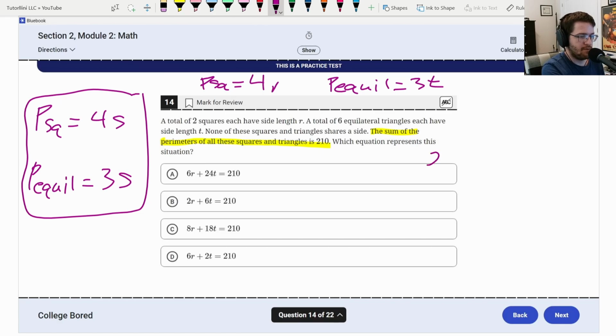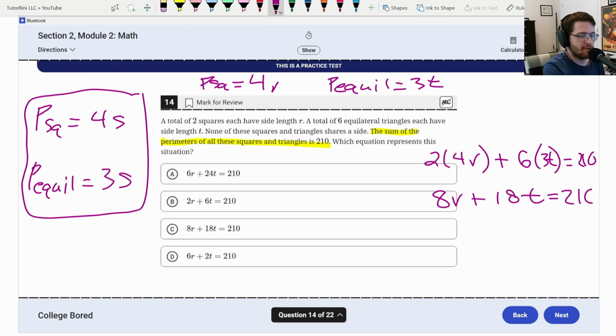So 2 times 4r. And there's 6 equilateral triangles, plus 6 times 3t. That's the sum. Sum means add. It's the result of addition. Equals 210. And now we just multiply. So 2 times 4, so that's 8r plus 18t equals 210. And that gives us answer choice C.